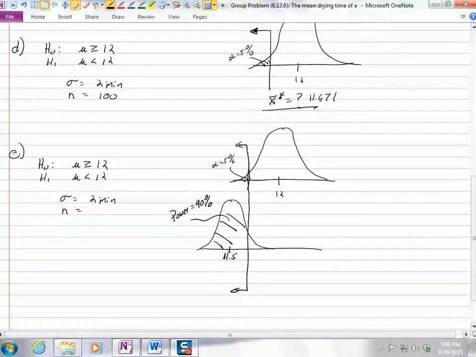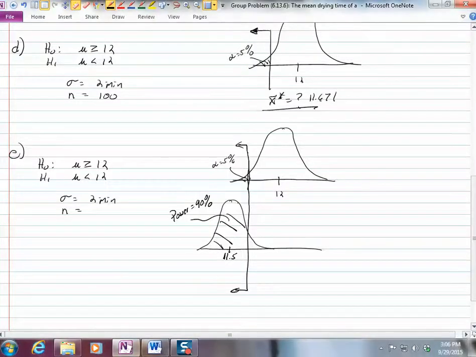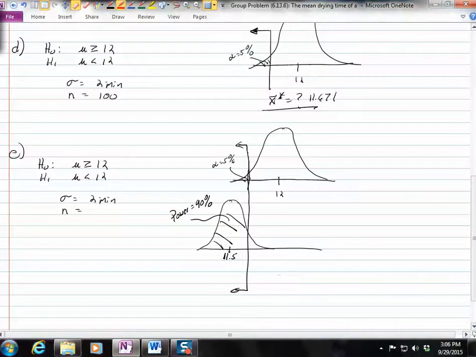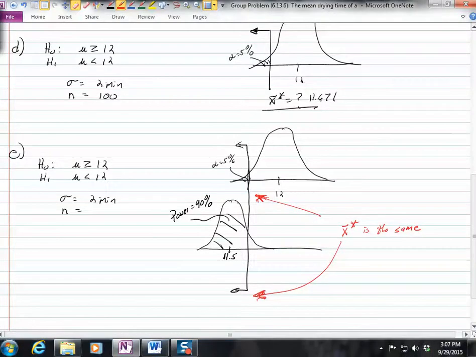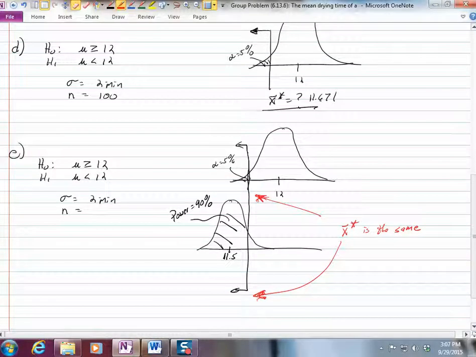Okay, I'm sorry. Yes, yep. It's because the n is different. The x bar star will be different.